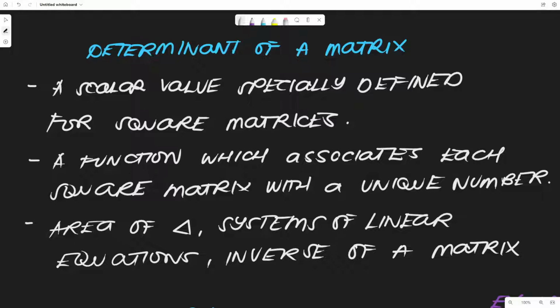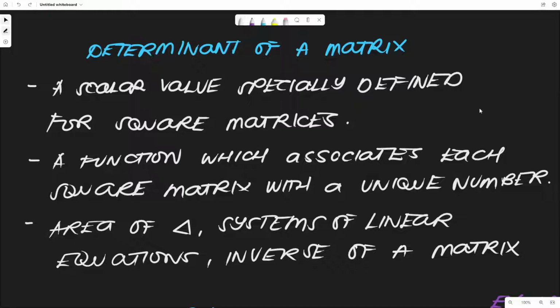But we will discuss Cramer's rule in another topic. We will first focus on the determinant itself. Then we have the inverse of a matrix, which is one of the last lessons in linear algebra that we will discuss.